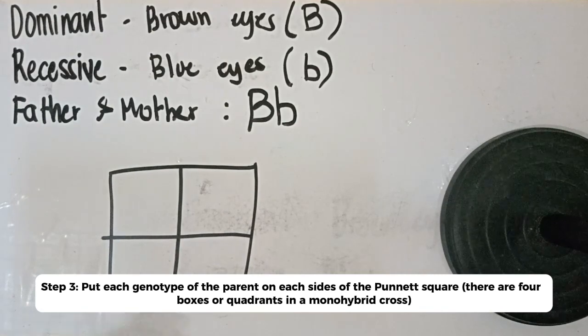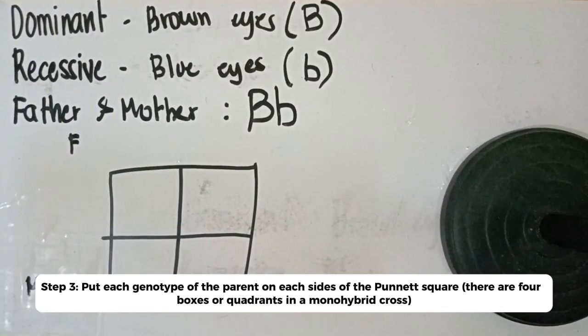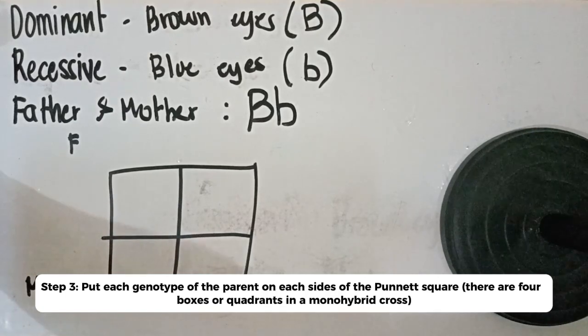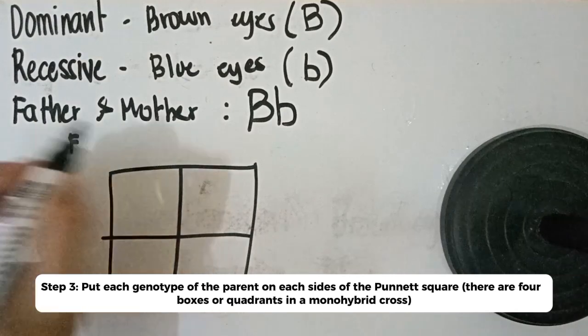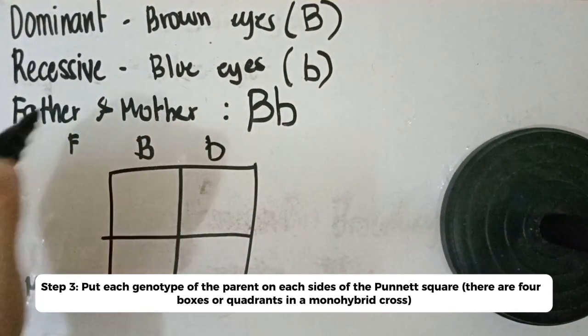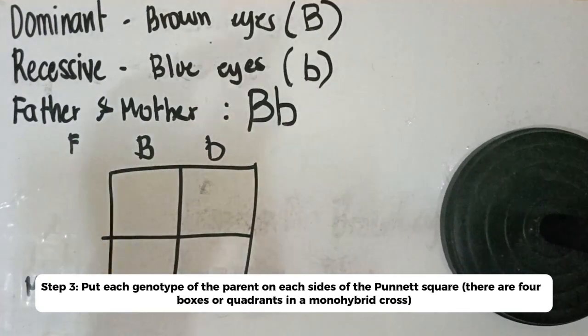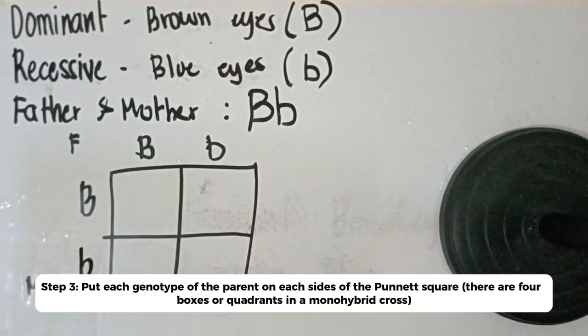Mono means one. So here we put the father and then the mother. What is the genotype of the father? We have heterozygous. So first we place the dominant trait, capital B, and small letter b. Same for the mother, big B and small letter b.